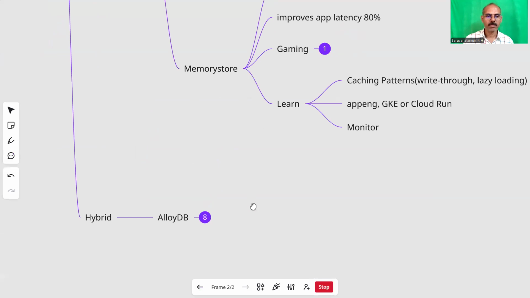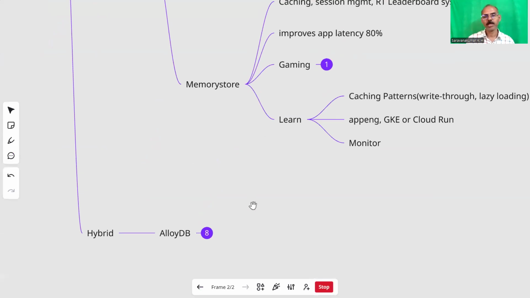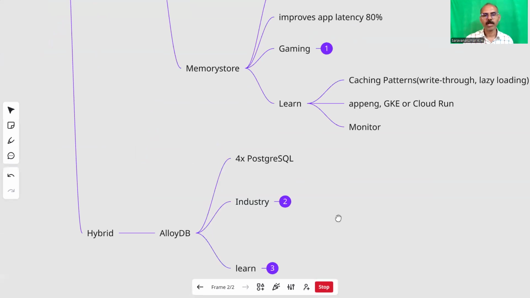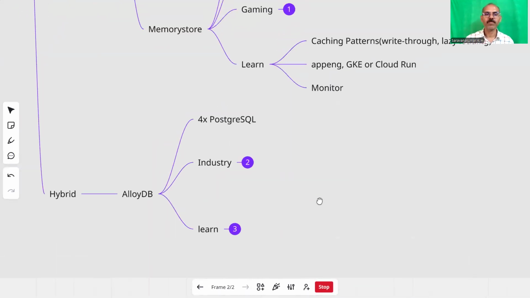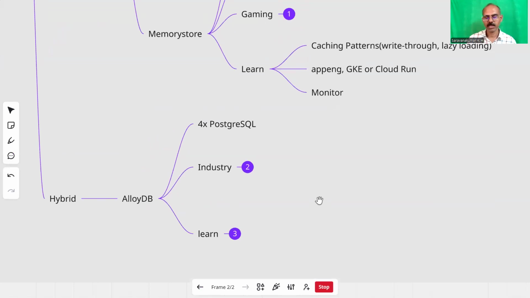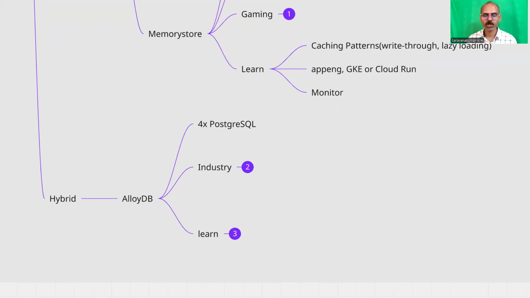The last database is hybrid, which is AlloyDB, and it can be relational or non-relational. AlloyDB is mainly very helpful in AI-driven scenarios. This is basically 4 times the performance compared to PostgreSQL.